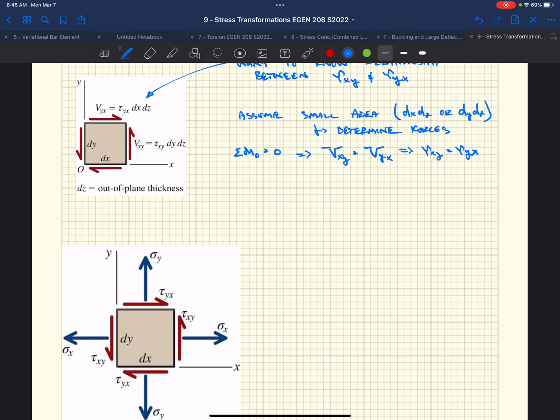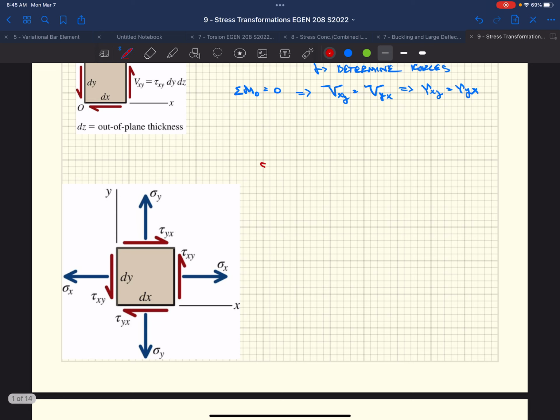Well, now that we know that we're going to have equal and opposite magnitude and directions, if the positive face has positive stress, right? So positive face has positive stress. Our shear stress is positive.